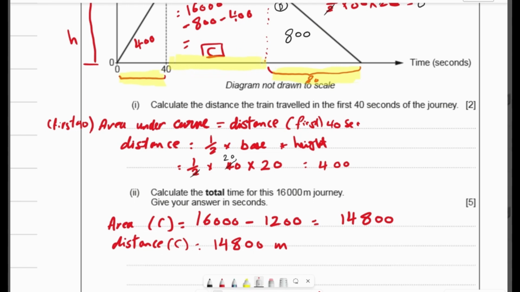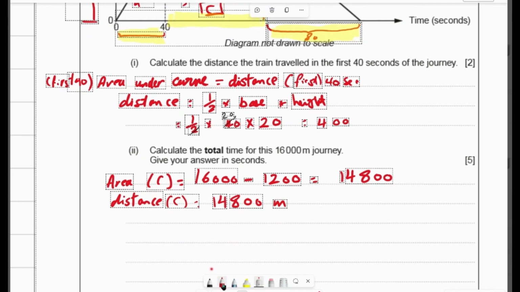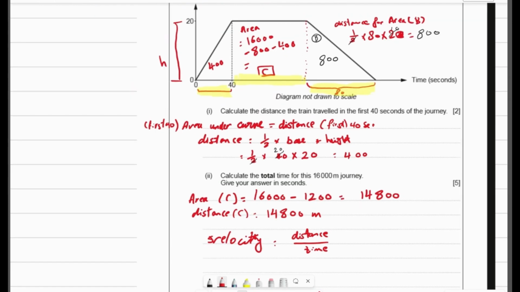Because you know that speed or velocity equals what? Yes, exactly. Distance over time. You know the velocity. What is the velocity here? It's 20, isn't it? Yes.